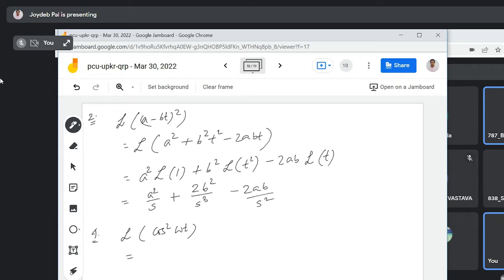What is the formula for 2 cos square theta? 1 plus cos 2 theta, right? So cos square theta is 1 plus cos 2 theta by 2. Theta is what? Omega t.